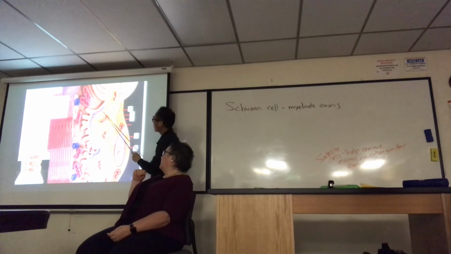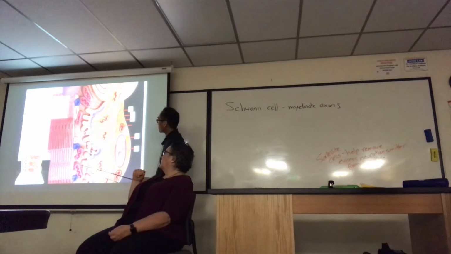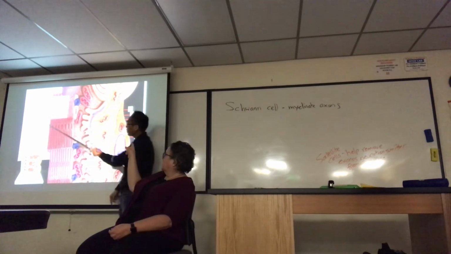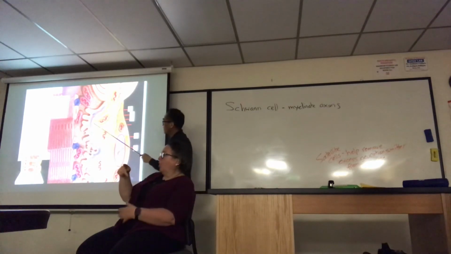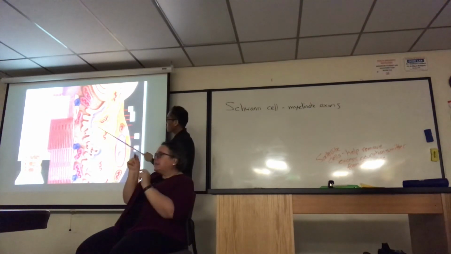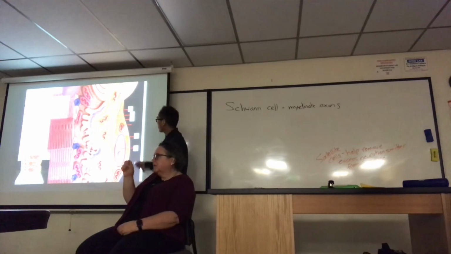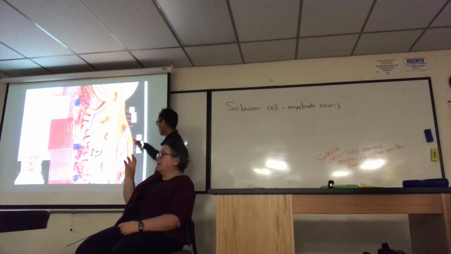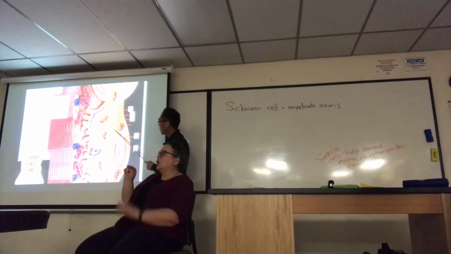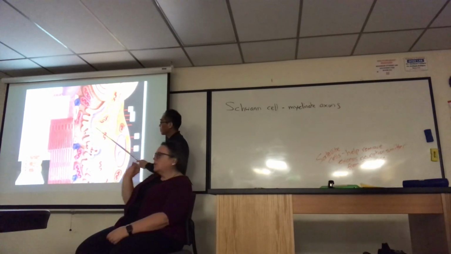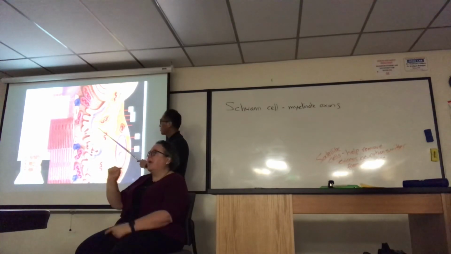Synaptic gap. Number 5 is the presynaptic membrane. Number 6, Schwann cell. Number 7 is the nucleus of the Schwann cell. This one I don't have a number for, but what do you think it's pointing to? ACH. Yeah, ACH.